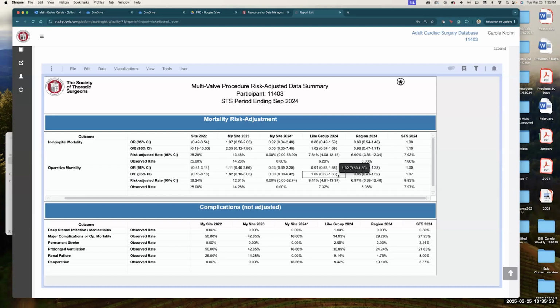It's not 1 or 2 hospitals, it's that whole group. So they have a much larger N, and that confidence interval shrinks with that. So it becomes a better predictor of the site's performance. The same thing with the region, it's all the sites within that region, and the confidence interval even gets smaller there. So that's a good example.